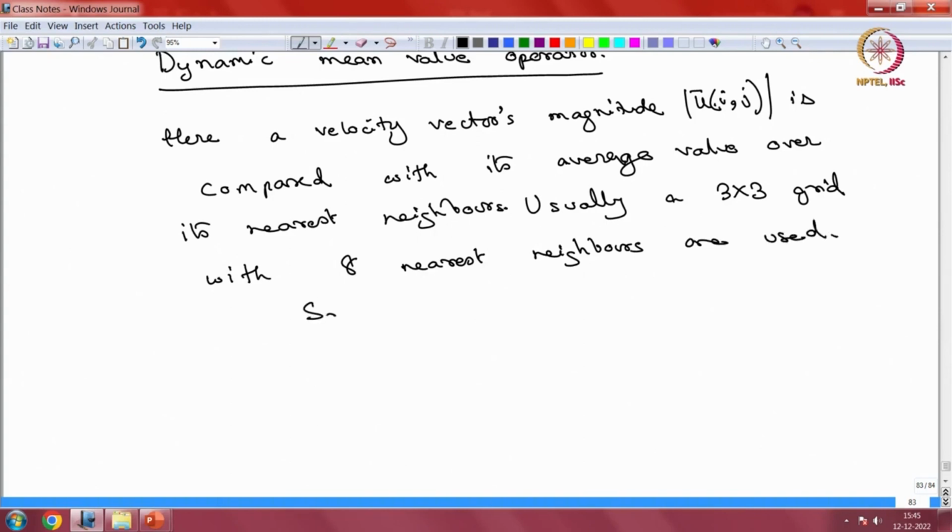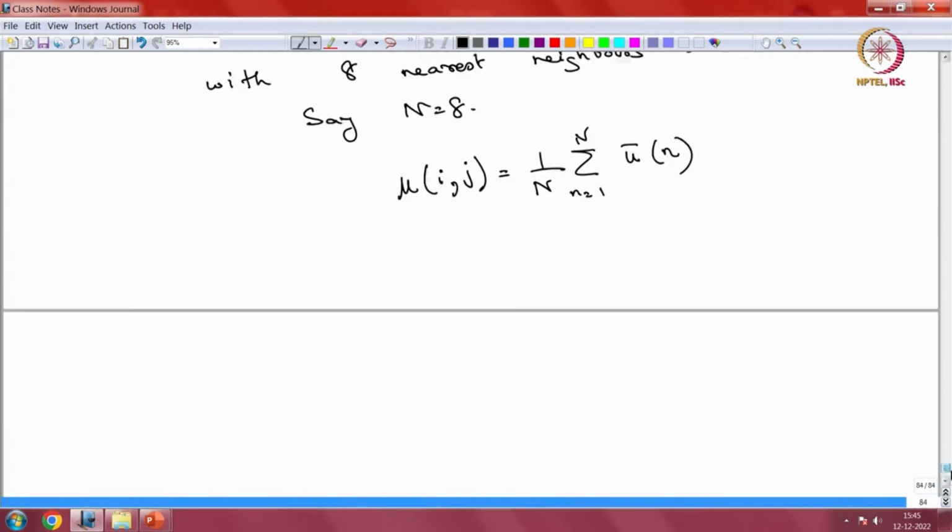So say N is equal to 8, then what you can do is define an averaged quantity of all the different velocities over this 8 number. So you take some dummy variable here, small n, going from 1 to capital N, and you average over all the different grid points that you have.